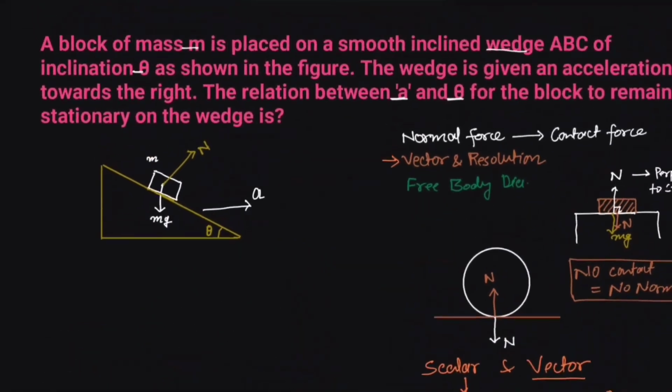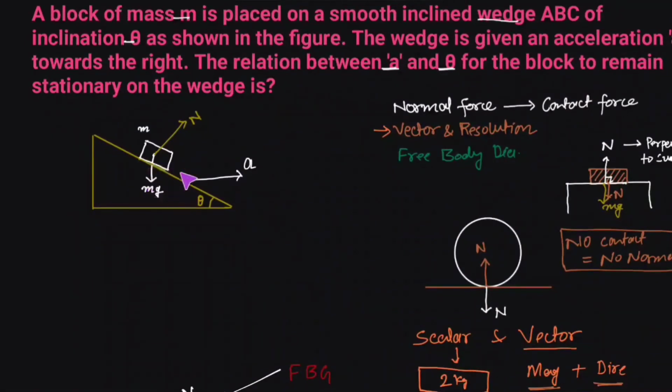Now if you go by basic geometry, you can break this force N into two components. One would be acting vertically upward, and one would be acting horizontally. If this direction is vertical, then 90 degrees to this direction would be horizontal.